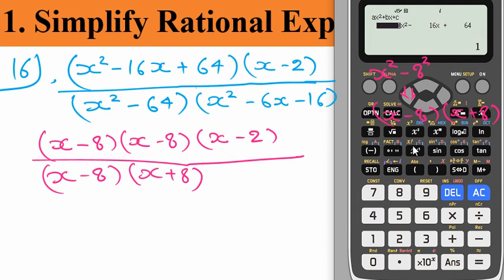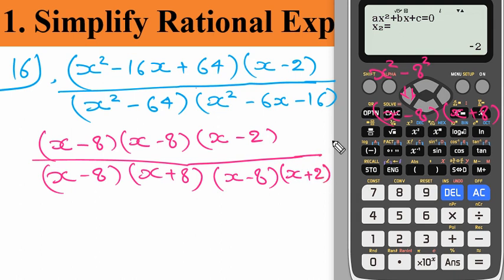Now here a is 1, b is minus 6 and c is negative 16. Good. So now this is again giving you 8 and negative 2. So x minus 8 and x plus 2, right?